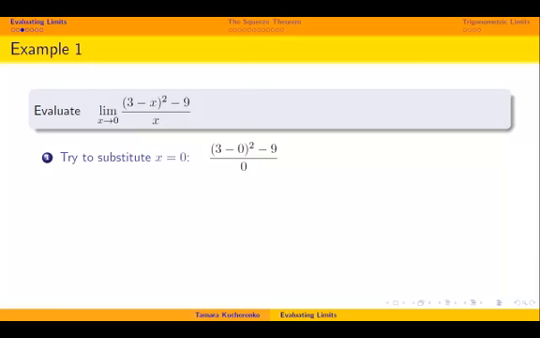We get 3 minus 0 squared minus 9 divided by 0, which is 0 over 0. The next step is to transform the formula algebraically and cancel.